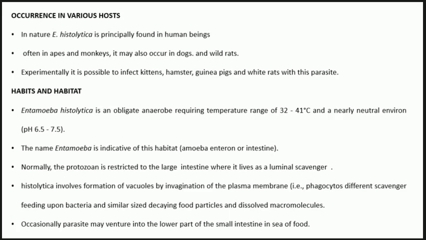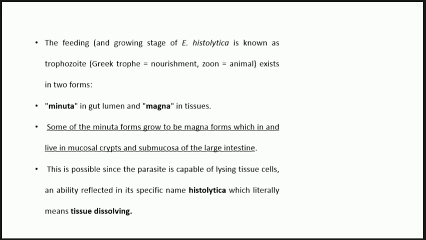Now other than this, the feeding or growing stage of Entamoeba histolytica is also known as trophozoite. From here onwards, you should know that like we have seen in Plasmodium vivax, from entry in humans until it goes back to the mosquito, every stage has a separate name.